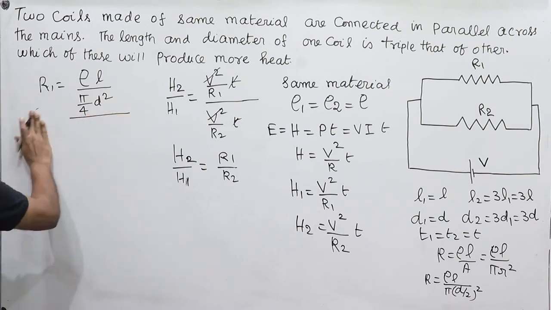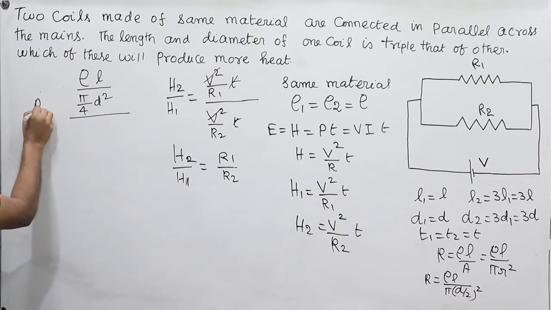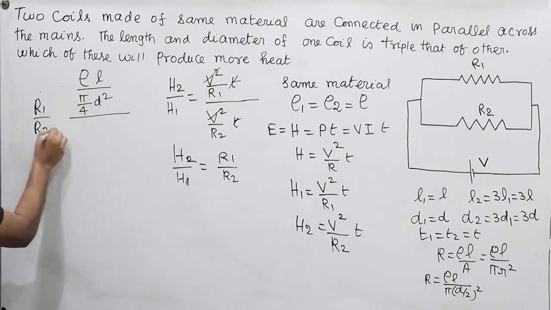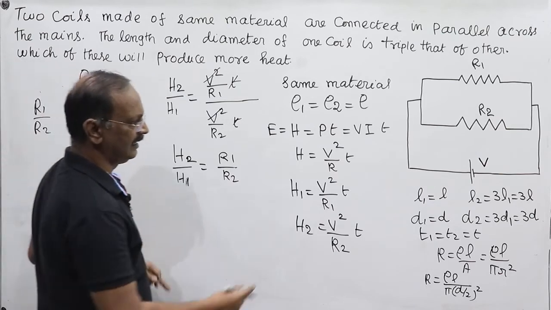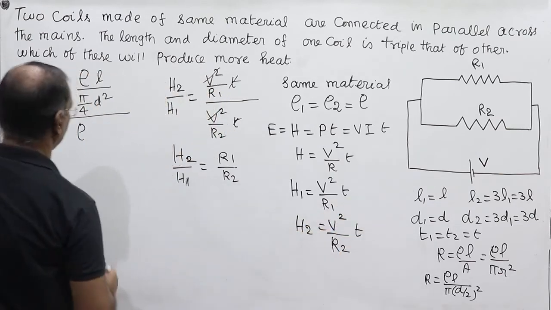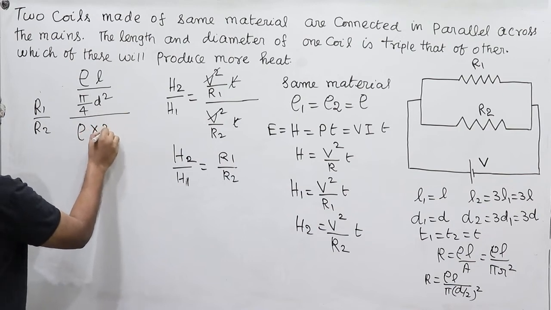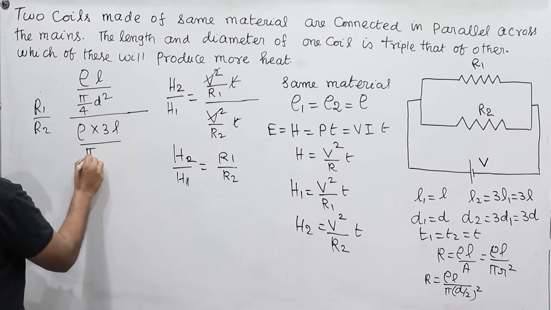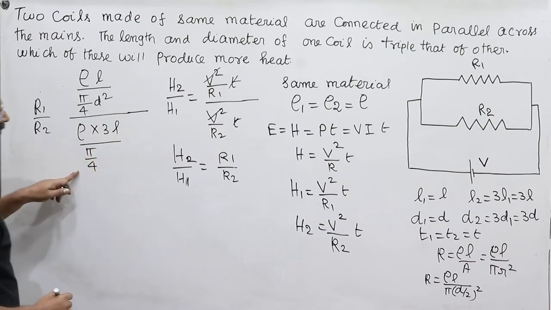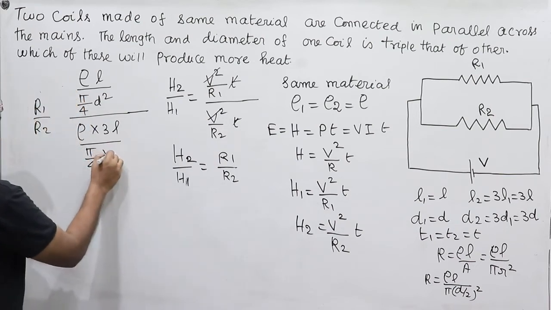R2, what is R2? Rho into L2. What is L2? L2 is equal to 3 times L, divided by pi by 4 into D2 square. D2 is equal to 3 times D.